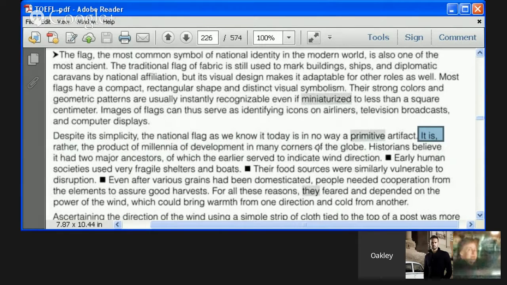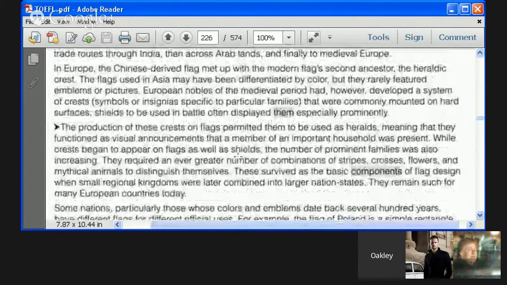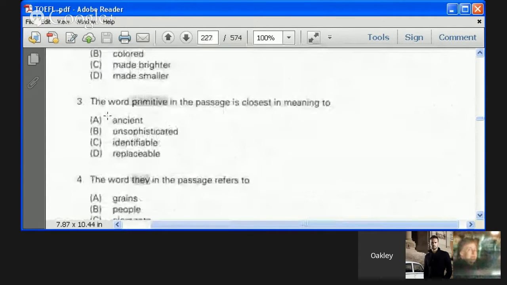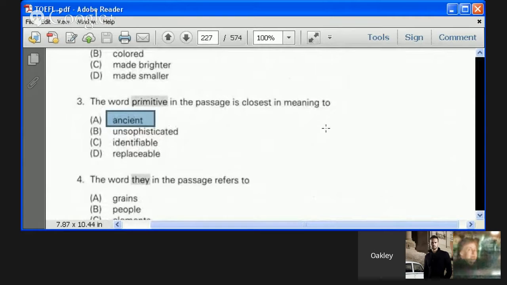Right, and even if we're still not sure, it is rather the product of millennia of development. So something unsophisticated is undeveloped. Yeah, so that's right. Again, here, my first guess would be ancient, if I was just going to guess, if I'm panicking about the time. But you're absolutely right. The correct answer here is actually unsophisticated.